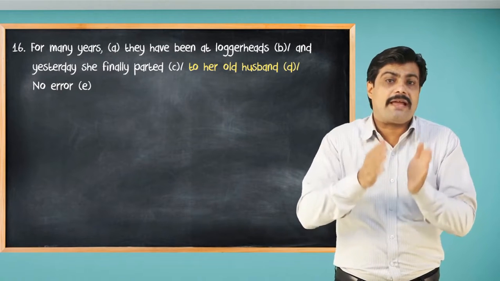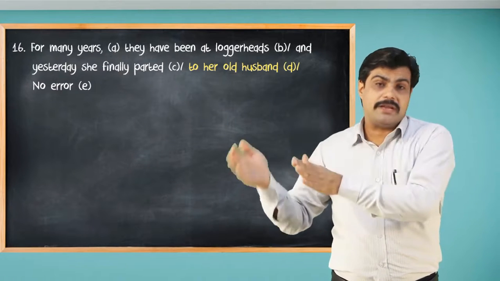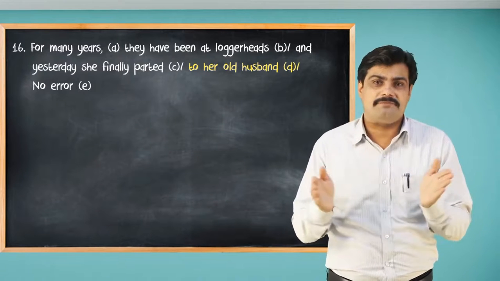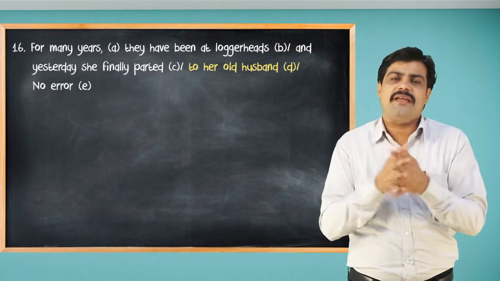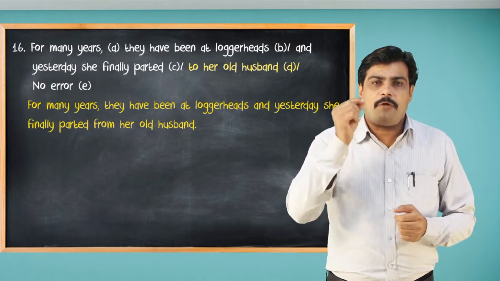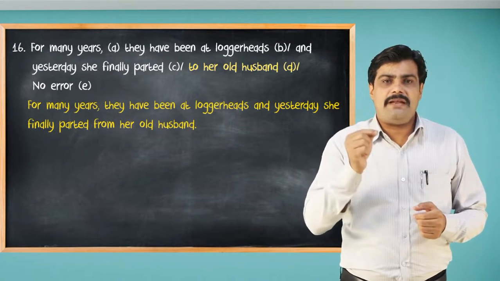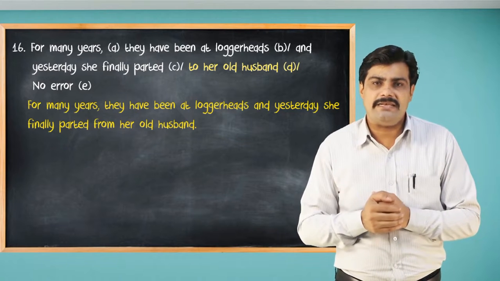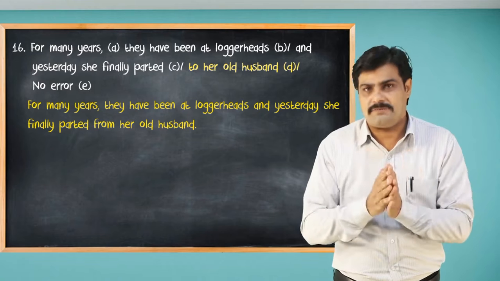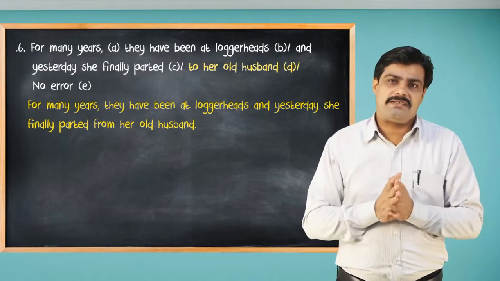For example, he came from America to India. So from is used in the sentence to separate and to for unification. Now the correct sentence would be, for many years they have been at loggerheads and yesterday she finally parted from her old husband. So that is the correct sentence.